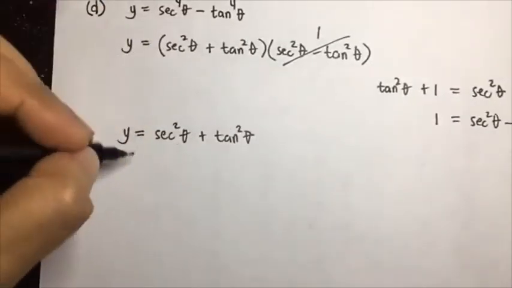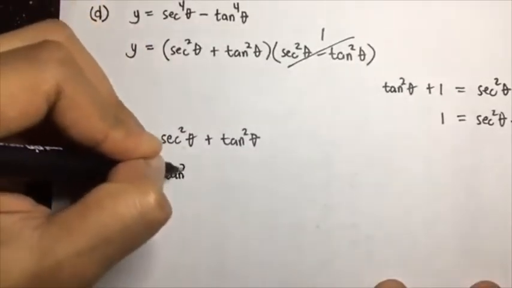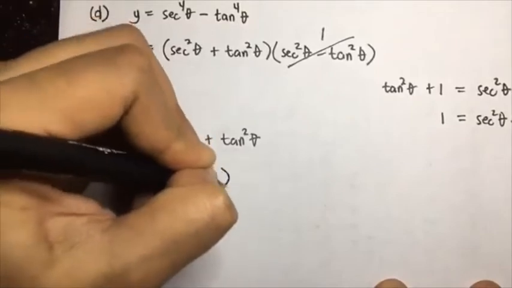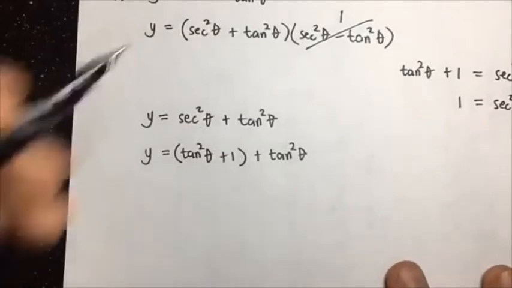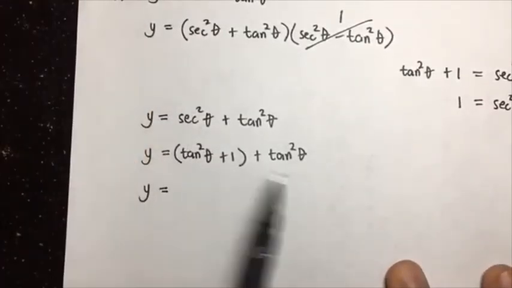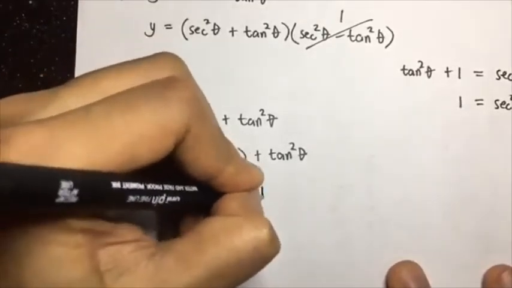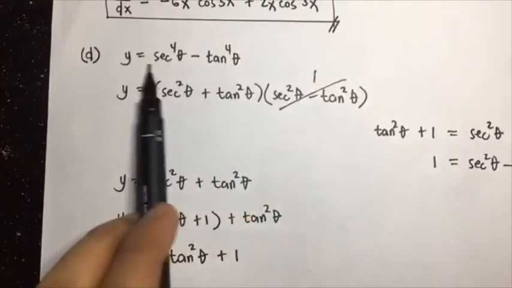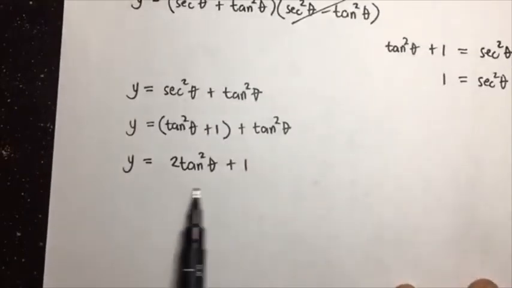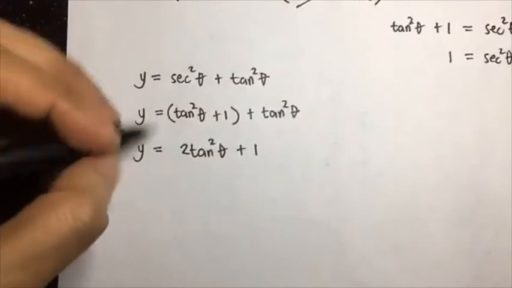So we'll have y is equal to secant squared theta is tangent squared theta plus 1, plus tangent squared theta. Simplifying this, y is equal to 2 tangent squared theta plus 1. Look how our function became very simple, from this to this, using only one identity.